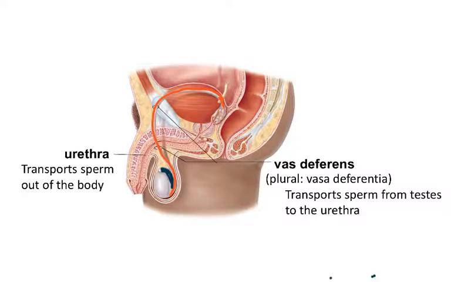The urethra transports sperm out of the body. And, excuse me, it's not shown particularly well here, but there actually are sphincter muscles at the base of the bladder that are going to essentially clamp down during ejaculation to ensure that urine doesn't become mixed in with the semen.